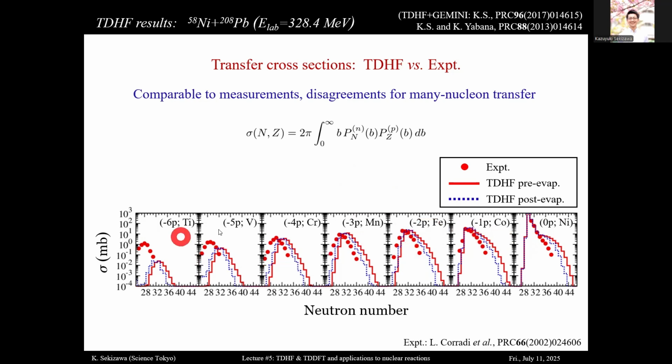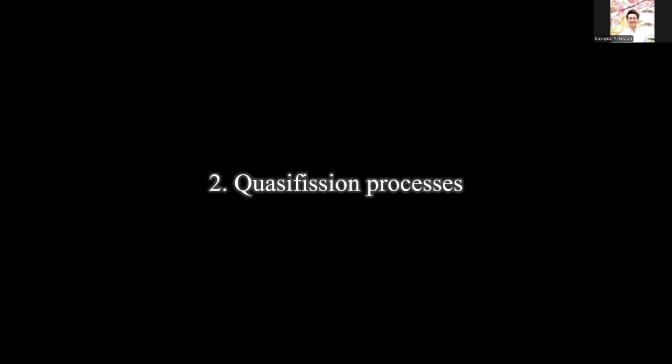But there are some deviations from experiment, and it can actually be improved by using the time-dependent RPA. But I'm not going to discuss this kind of extension here. So anyway, TDHF can provide some quantitative reproduction of the very complex reaction dynamics and experimental data.